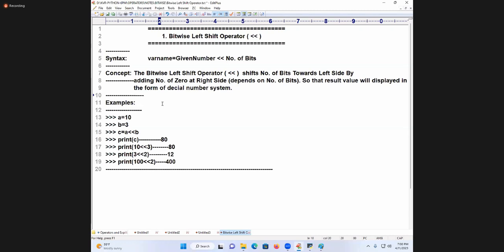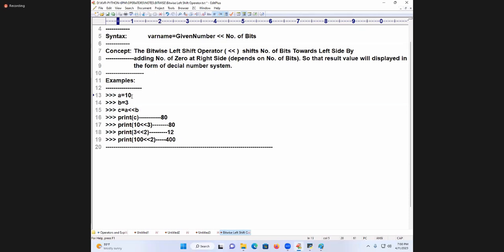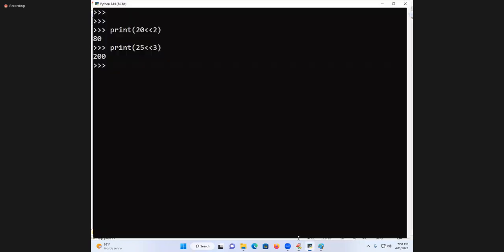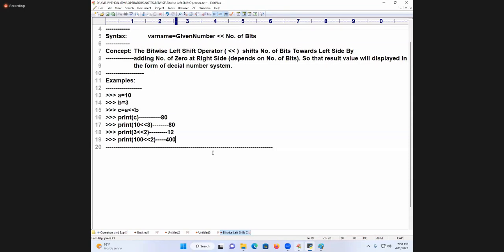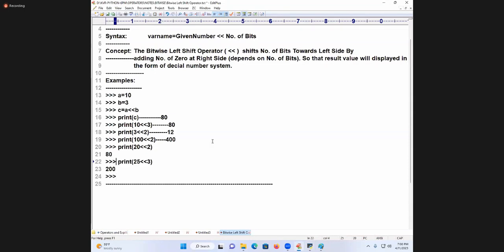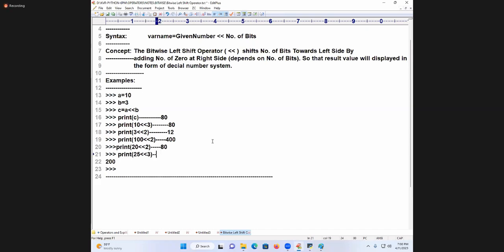Even though I represent binary data, octal data, hexadecimal data, it is coming in the form of what? Decimal number system. Example: A=3, B=3, A double less than B, 10 double less than 3, 100 double less than 2. All these things are coming or not? I will add this type of parts also to your example. I hope that you are understanding these parts. Understand, students?